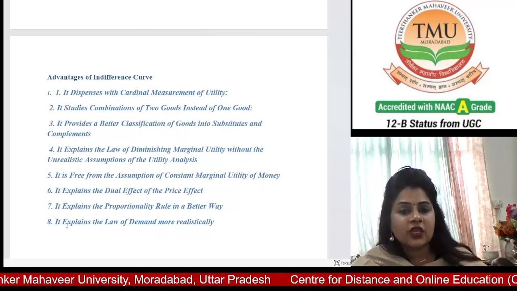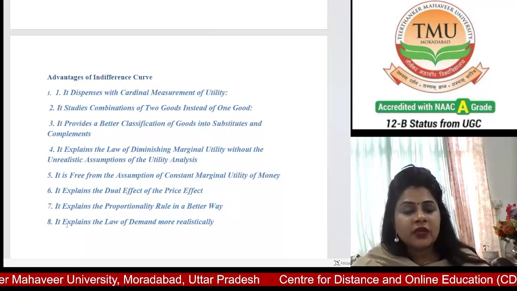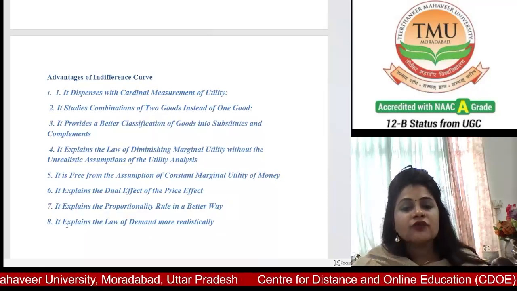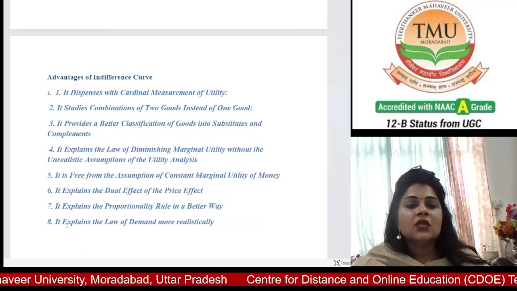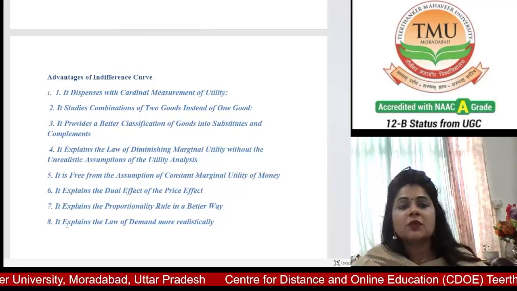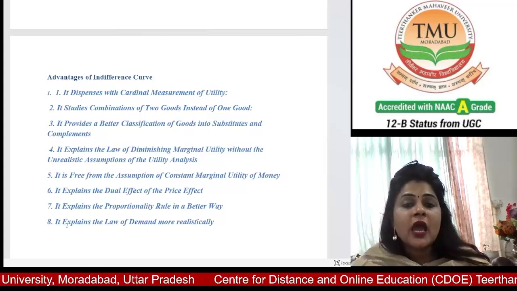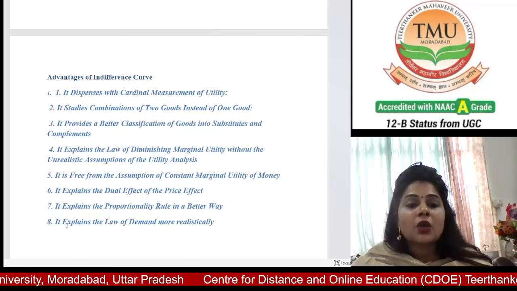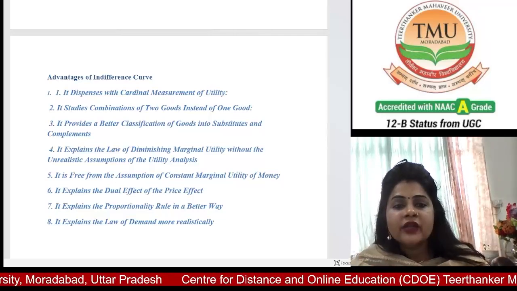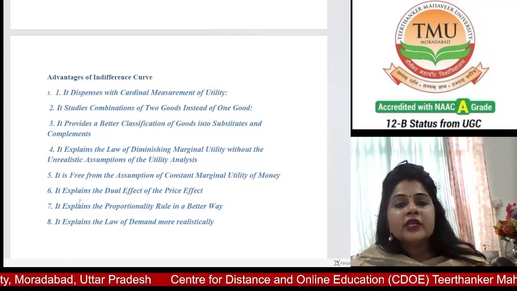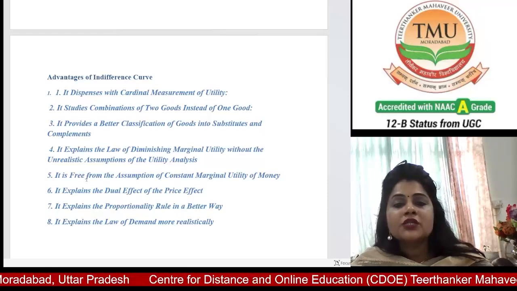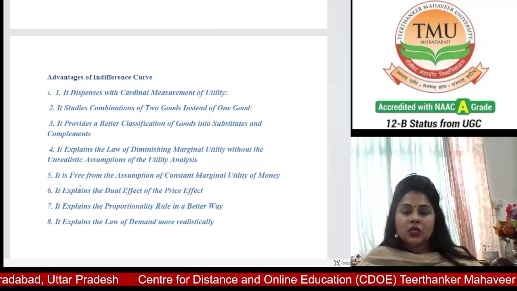It is scientific, and at the same time free from the psychological quantitative measurements of the utility analysis. The application of this principle in the field of consumption, production, and distribution has made economics more realistic. Now, the next advantage: the indifference curve is free from the assumption of constant marginal utility of money.